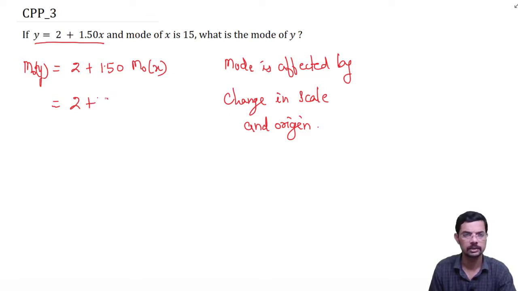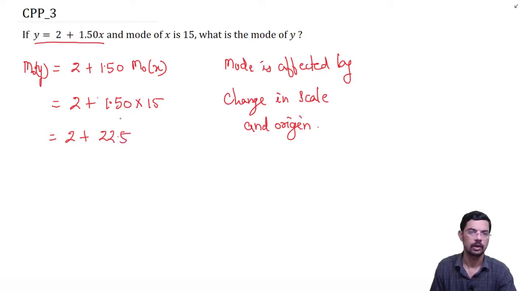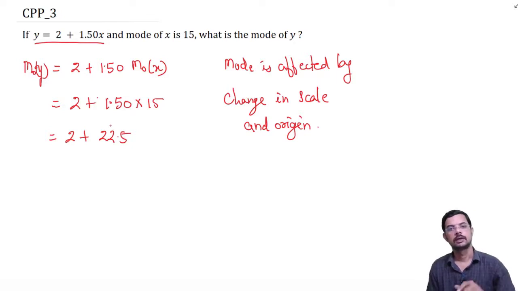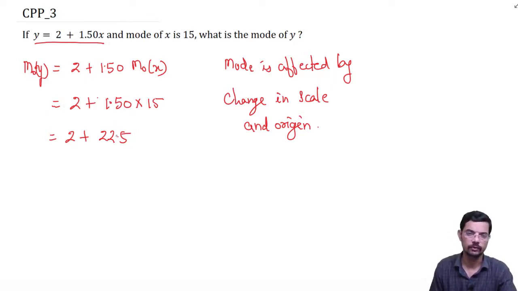So that is 2 plus 1.50 into 15, the mode of x. 15 into 1.5 is 22.5. The final output will be 2 plus 22.5, so 45 is the mode of the given data.